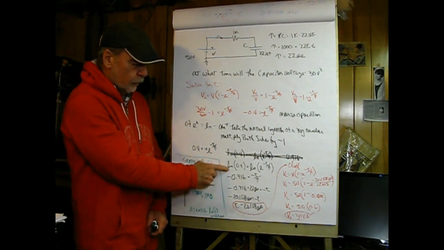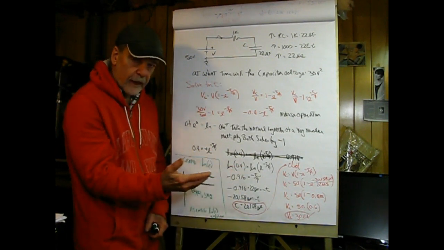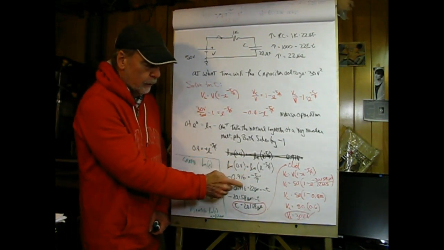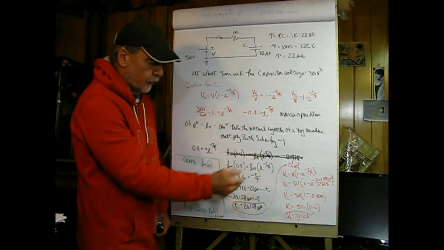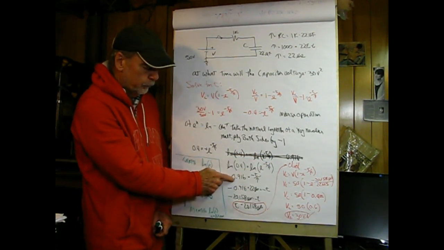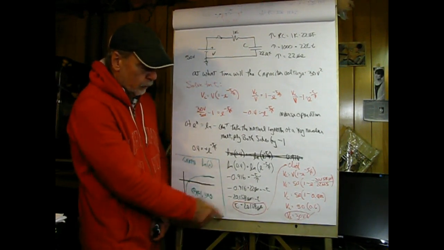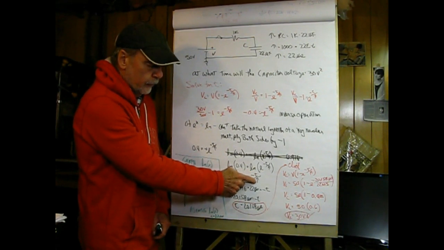Okay, taking the natural log of both sides, that is, the natural log of 0.4 and the natural log of e to the minus t over tau, we end up with a negative 0.916, and that's going to be equal to negative t over tau.